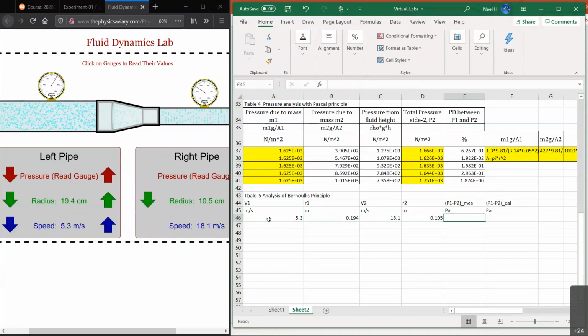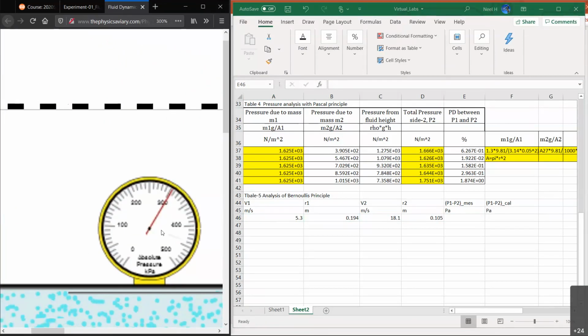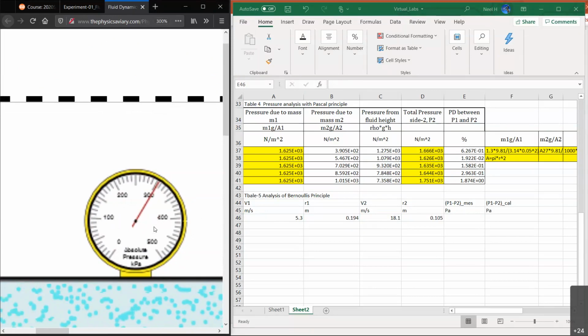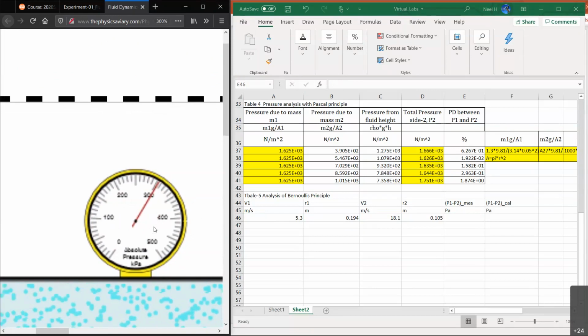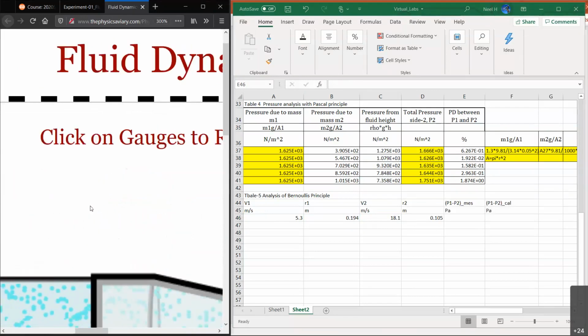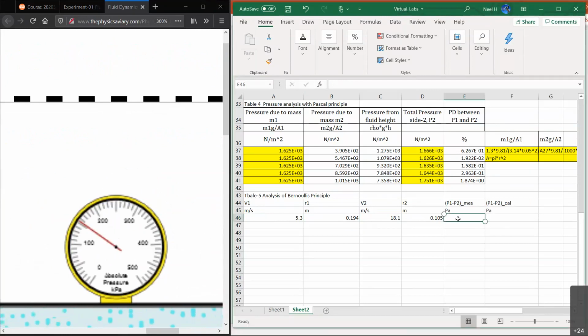Then you have to read the pressures: P1 is about 305 kilopascal, and the other one is about 155 kilopascal.